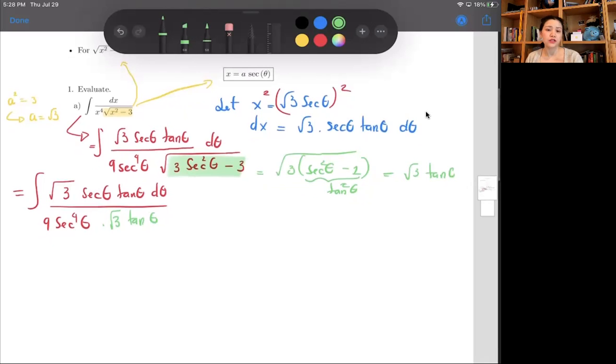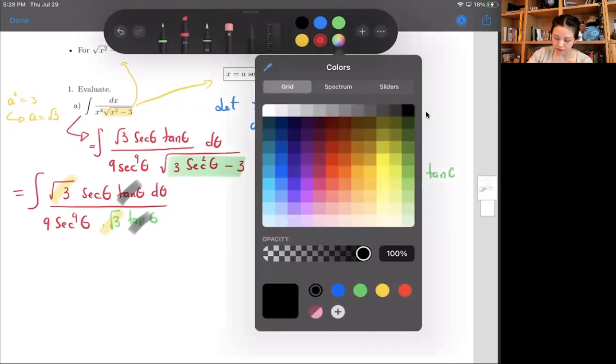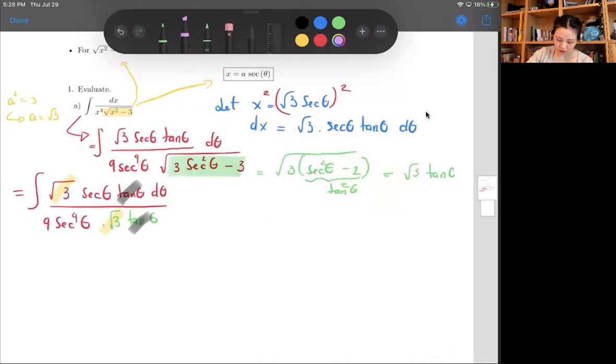Okay, let's do some simplification. I can simplify this with this, this with this, and then one of the secants with one of the secants.